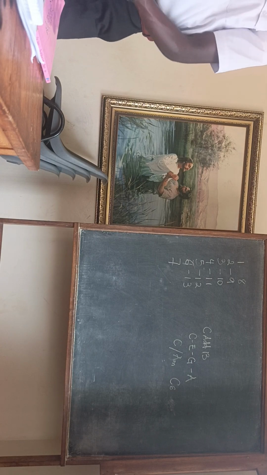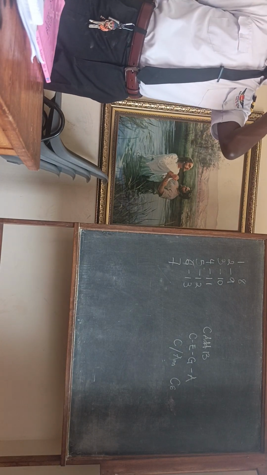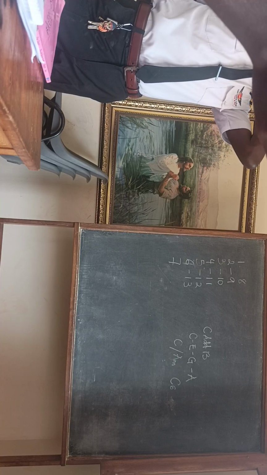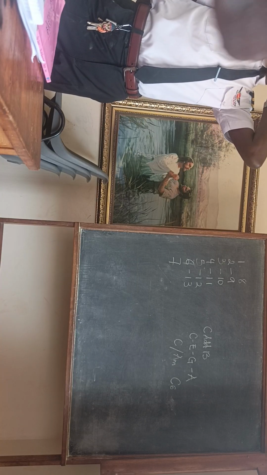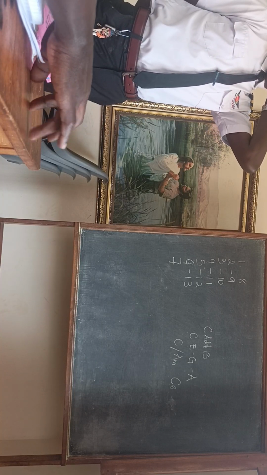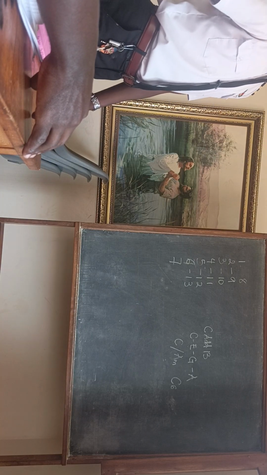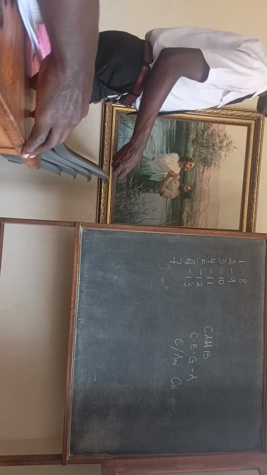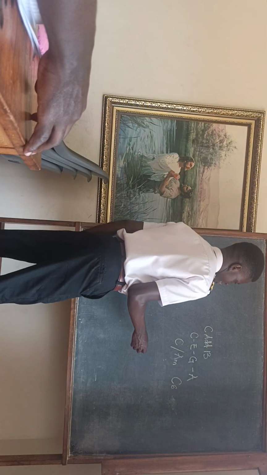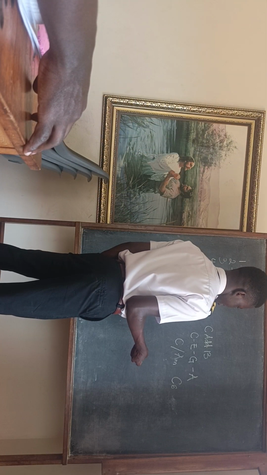Like when you hold C, E, G in that order, not E, G, A, C, that's what we call an inversion.